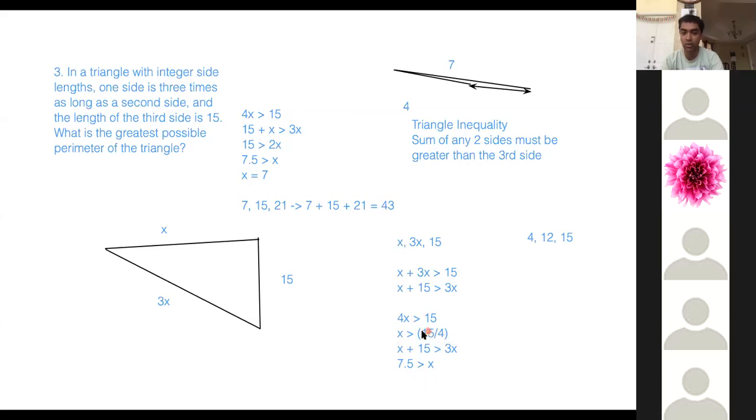So what is 15 over 4 approximately? 3.75. So the smallest integer x that would be above that would be 4. So if you plug in 4, 12, and 15, you'd get that the perimeter is 31. So essentially, given this information, the smallest possible perimeter is 31. The largest possible perimeter is 43. And that's just applying the triangle inequality to all the pairs of sides.